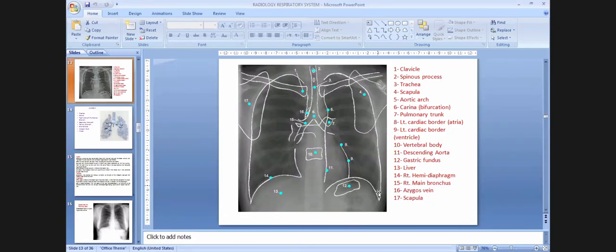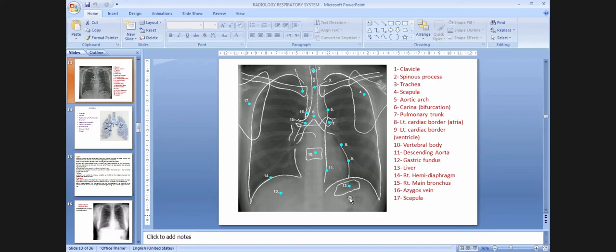Oh, I forgot the angles: right and left costophrenic angles, right lung, and left lung.